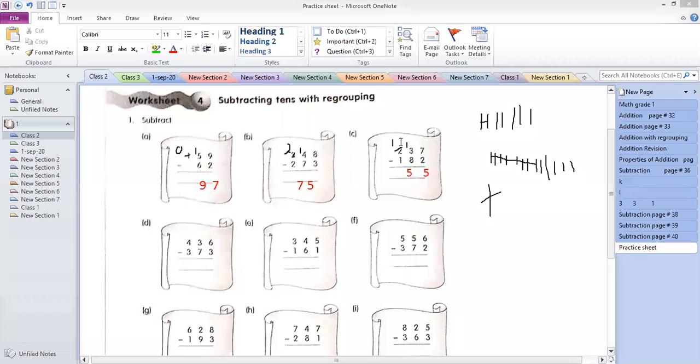So you take 1 from 2, or you regroup 100 with the 10. So now there are 13 tens, and you have to minus 8 tens. So draw 13 lines, cut 8, and you find the answer 5. This is not 2 now, because it has already regrouped with 3. This is now 1. So 1 minus 1 is equal to 0. You don't need to write 0.